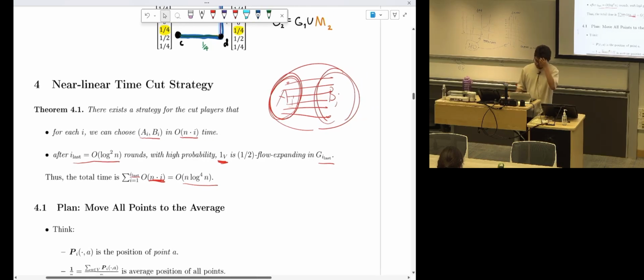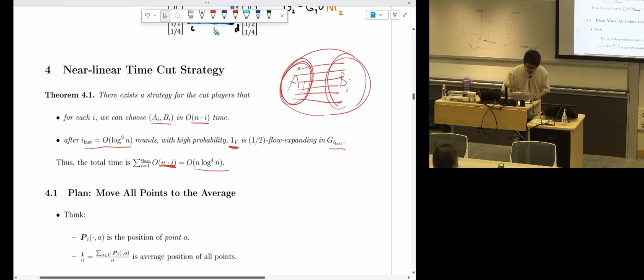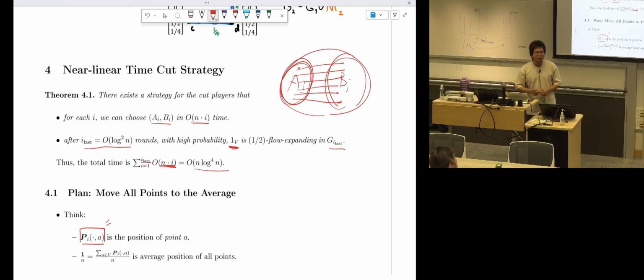Okay, we talk about the strategy to achieve this, right? And so we define this pi of A. Pi of A is basically the probability distribution that ends at A after round i, when we perform one specific kind of random walk.